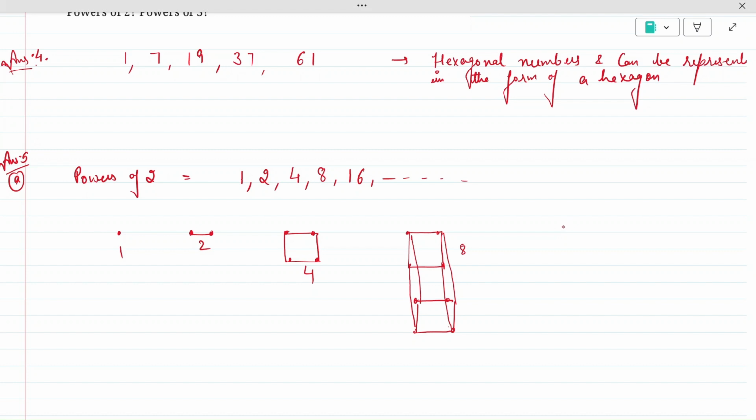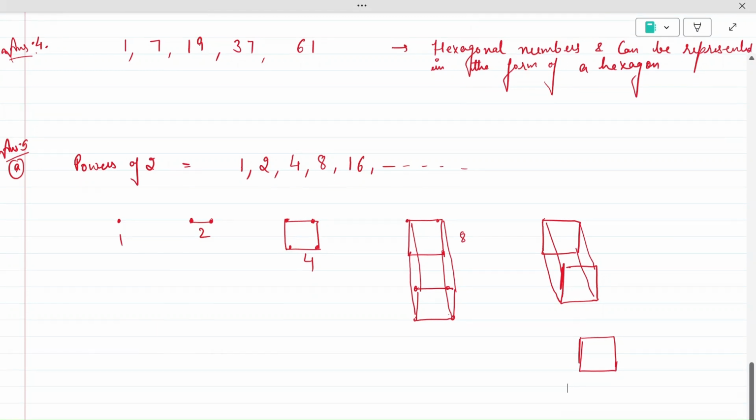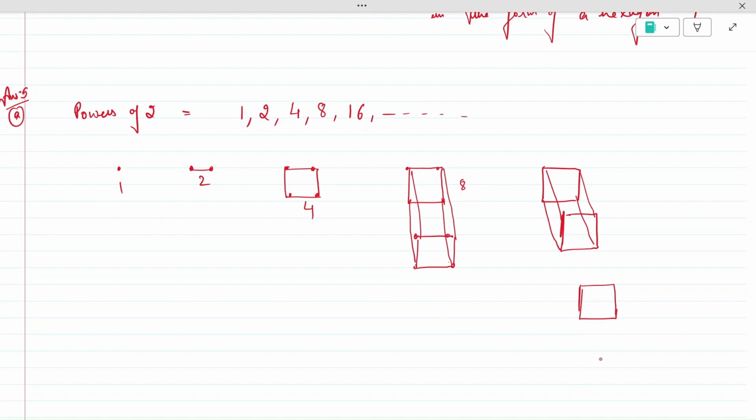Okay, so I can write here 1, 2, 3, 4. Top and bottoms, and then one more to it, squares, and then we can join these as well.